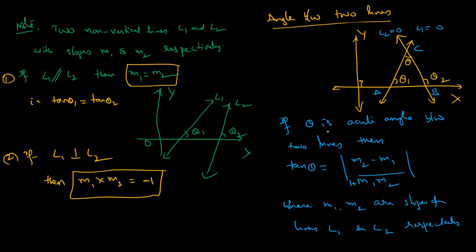Now how to find the acute angle? Dear students, don't confuse here. This is theta, and this is also theta. Why? Because vertically opposite angles are equal. If this is theta, what about this angle, anyone? That is 180 minus theta. Why? Because of linear pair angles. Now see, this one you already know. What is the proof, anyone?